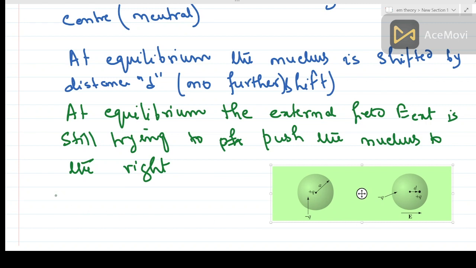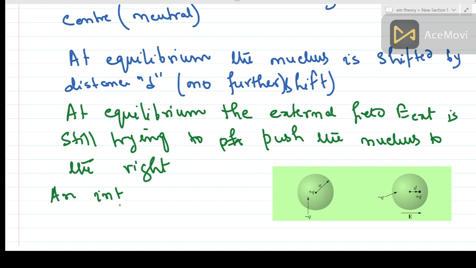Now what happens? An internal field, because this situation is not required. The neutral state, there is a balance. When you have this polarization, at this stage polarization has occurred. So there is something that is trying to bring back the system to the natural state.